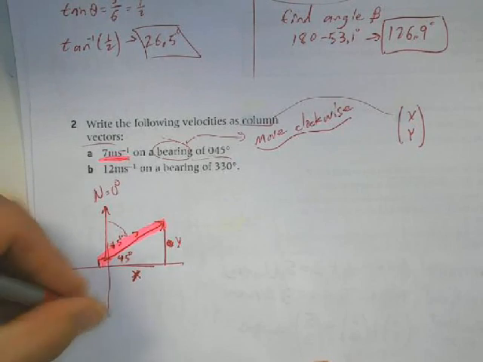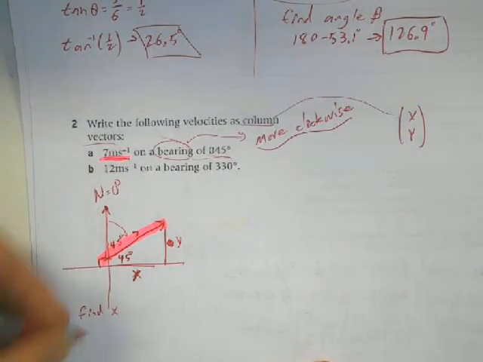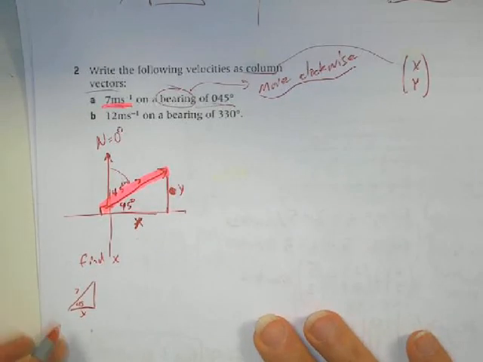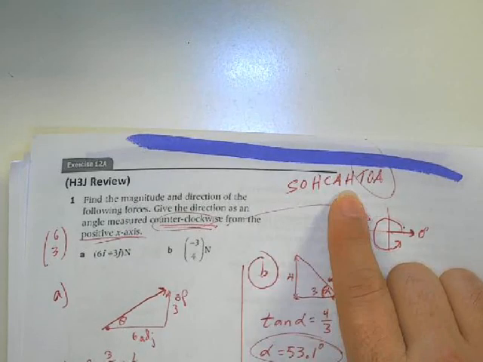So to find x, I know that this here is adjacent, and this here is the hypotenuse. So if I'm doing adjacent and hypotenuse, then I'm going to need to use cosine.